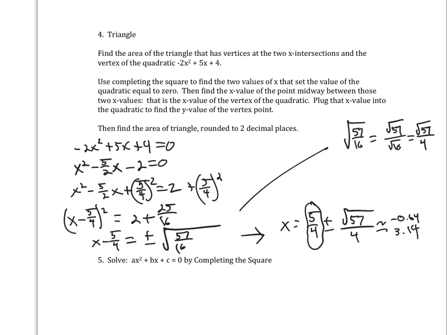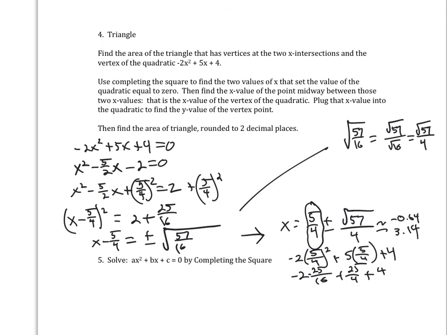to find out the y value of our vertex, which is going to be negative 2 times 5/4 squared plus 5 times 5/4 plus 4, and that's going to give me negative 2 times 25 over 16 plus 25 over 4 plus 4.